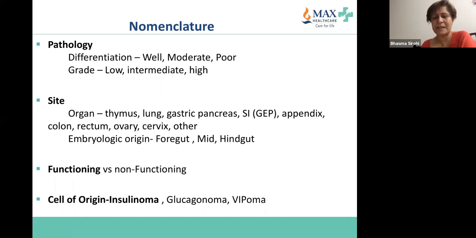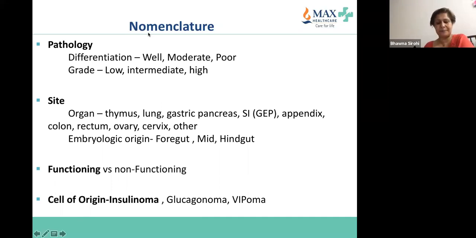And they're also described in various clinical trials as functioning versus non-functioning. Functioning means that they produce certain endocrine hormones which lead to symptoms. Also, they are described by the cell of origin, which could be insulinoma, glucagonoma, VIPoma.